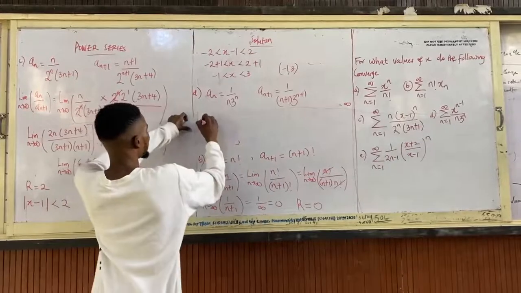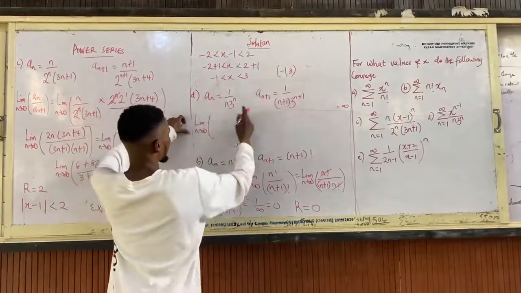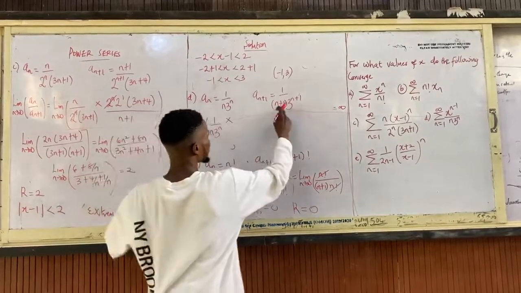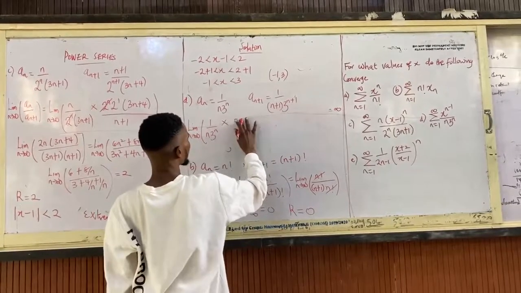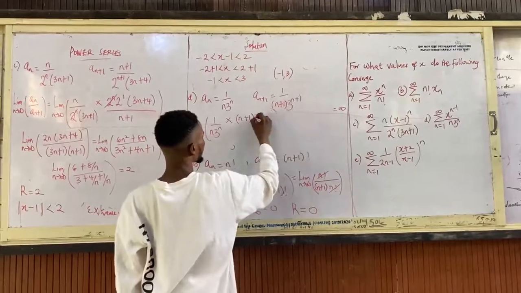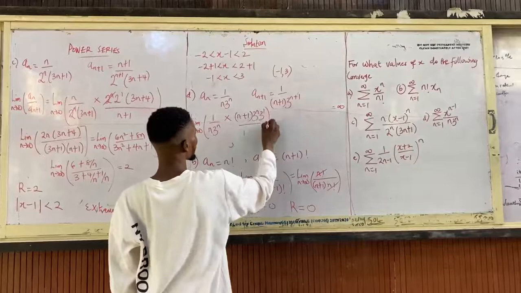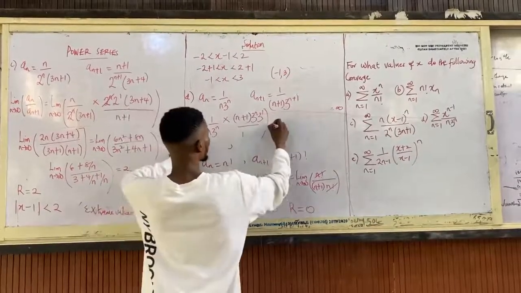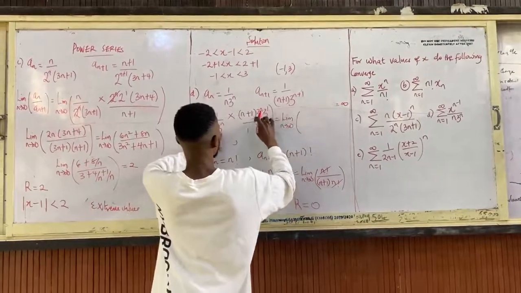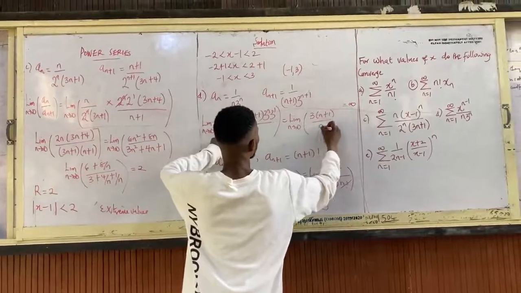So the limit as n tends to infinity of a_n over a_(n+1) becomes 1 over n 3 raised to power n, times (n plus 1) and 3 raised to power n plus 1, that's 3 raised to power n times 3 raised to power 1, law of indices, all over 1. So 3 raised to power n cancels out, so that's 3(n plus 1) all over n.